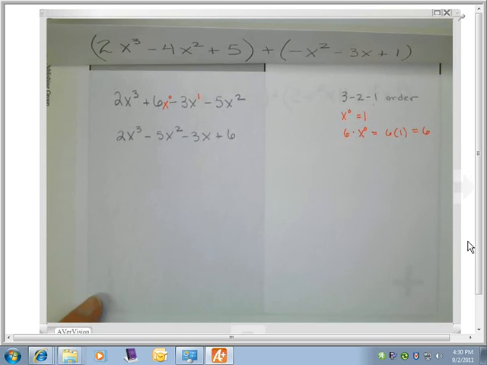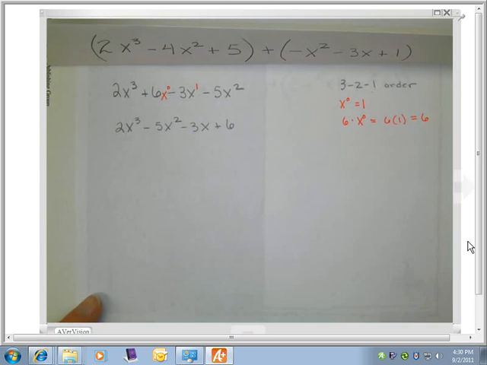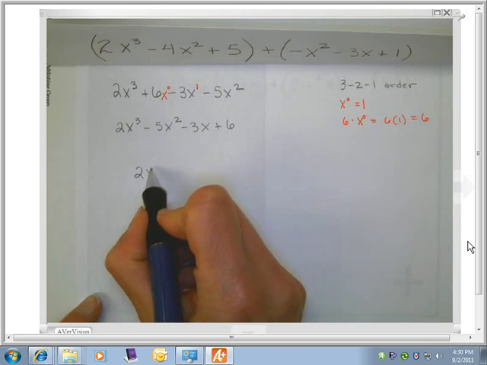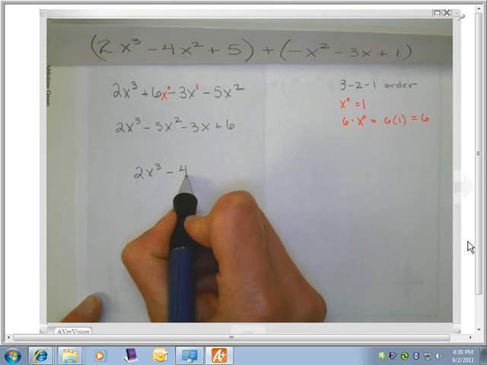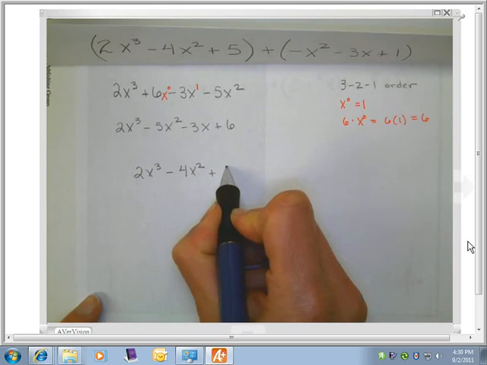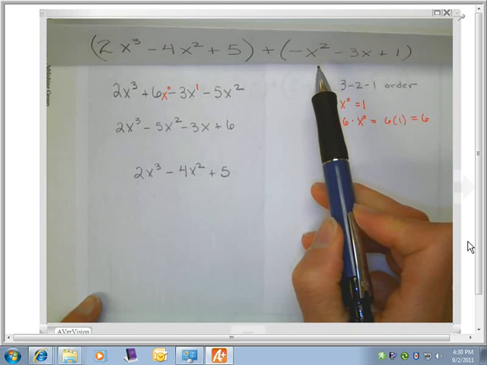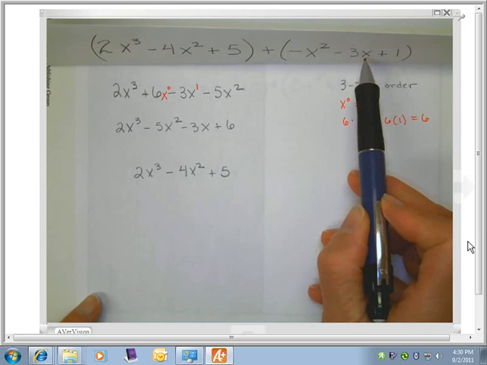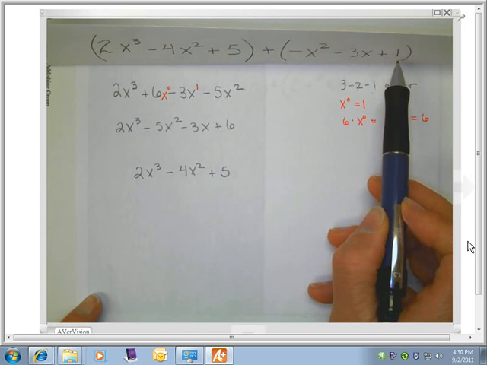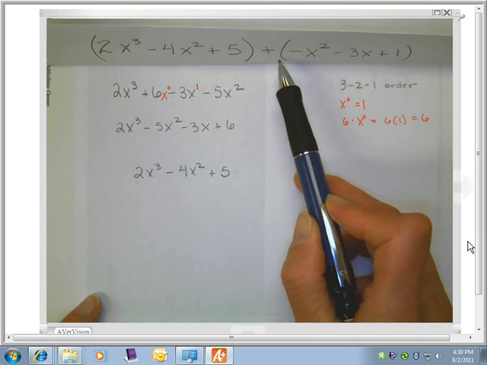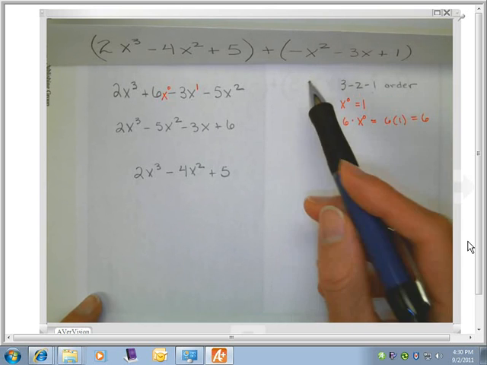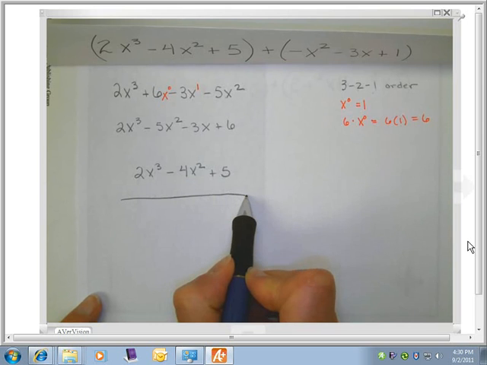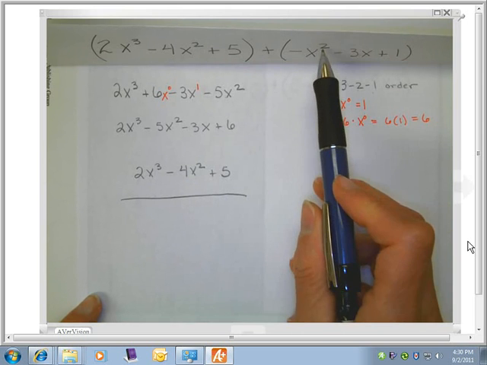Same sort of thing. So if I'm looking at this problem and I have 2x cubed minus 4x squared plus 5, and I'm adding it to negative x squared minus 3x plus 1, just an addition problem, right? So what I want to do is add one on top of the other. I'm going to align my like terms.